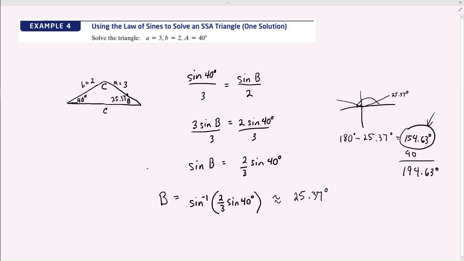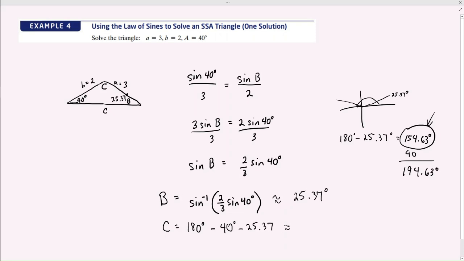And now we've only left to find C, and big C and little c. Okay, so let's quickly calculate the angle in the interior here, which has to be, since 40 plus 25.37 plus C add up to 180, I can find C is equal to the total sum of the interior angles minus the known angles, 40 and minus 25.37.